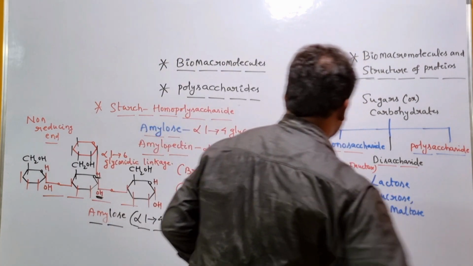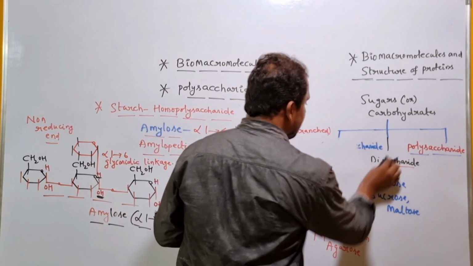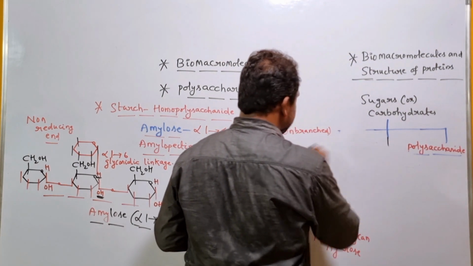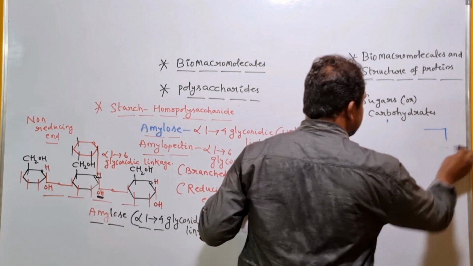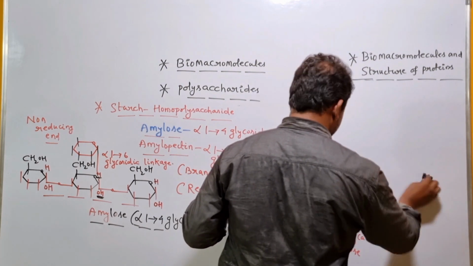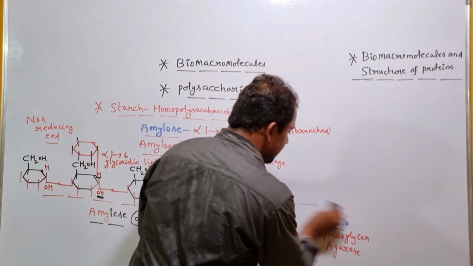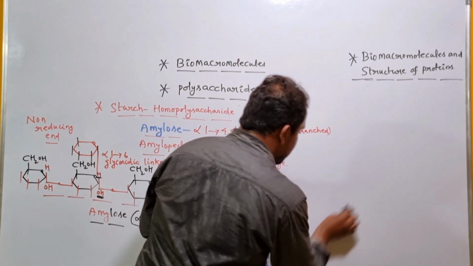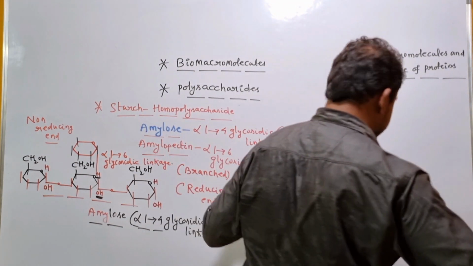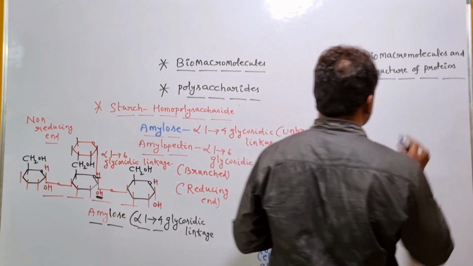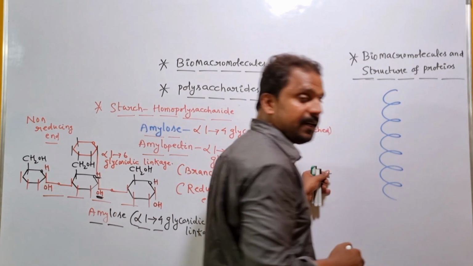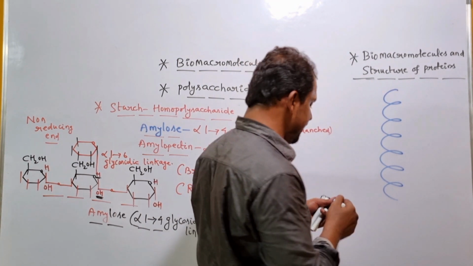So let me erase the things here. The particular starch contains a secondary helical structure. Starch contains a secondary helical structure. Is it clear? So here it is nothing but what? The secondary helical structure.